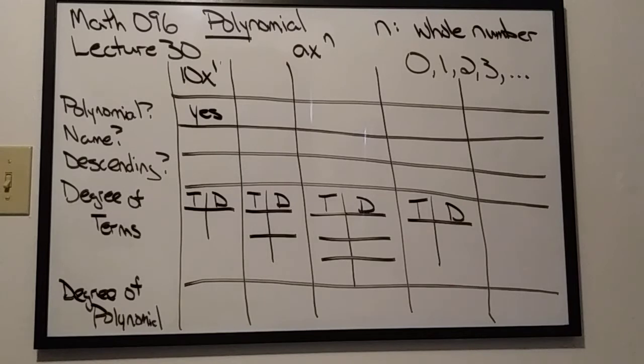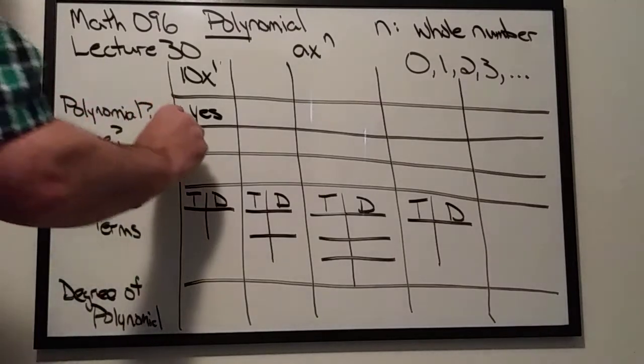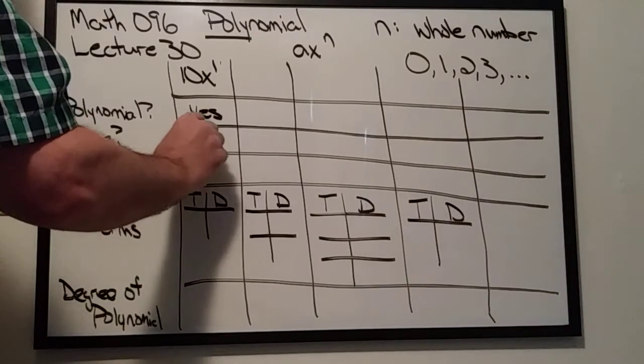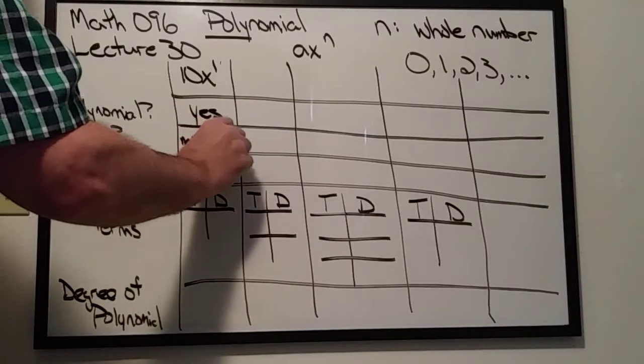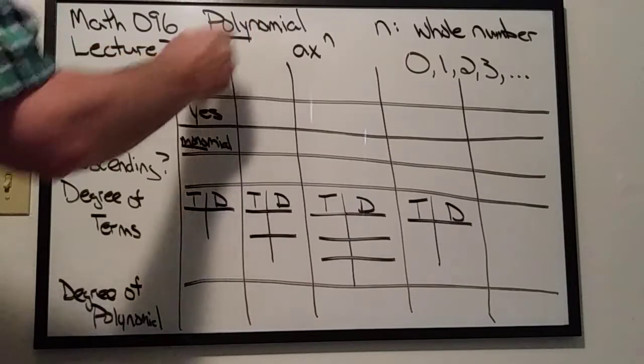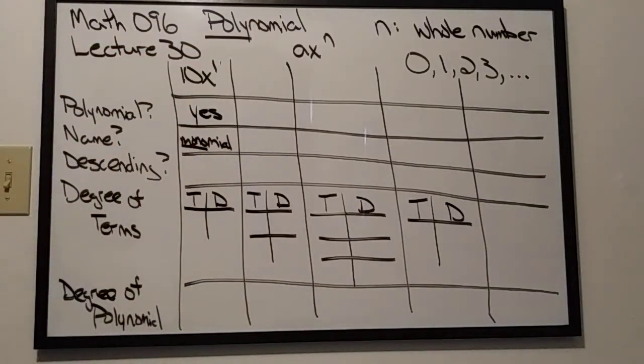Remember that terms are connected to other things by addition. In this case, it's not connected to anybody by addition, so that means we have one term. And because we have one term, this can be called a monomial. We've just replaced that poly with a mono to specify the fact that we have one term. So a monomial is the special name of this polynomial.